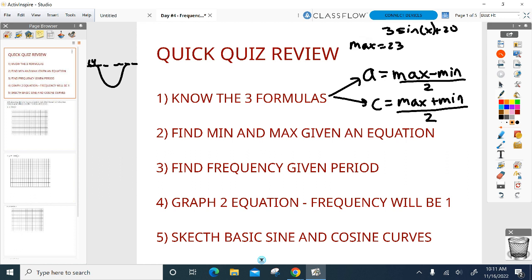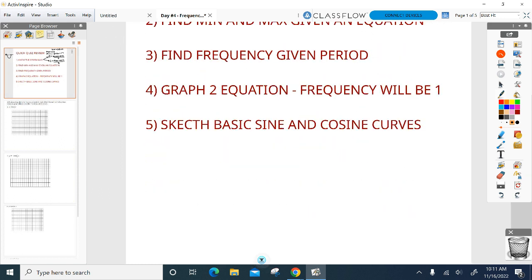The minimum is going to be negative 3 plus 20, which is 17. So 16 is going to go under the curve, because it's going to go up to 23 and down to 17.